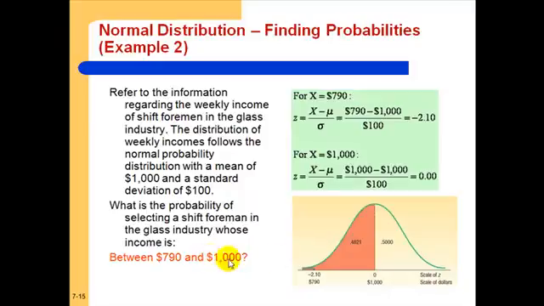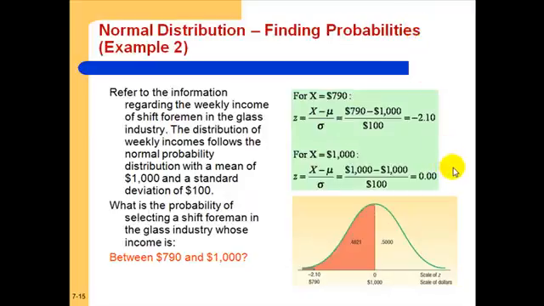So the z-value for 790 equals 790 minus 1,000, where 1,000 is the mean, over the standard deviation 100. We get negative 2.1. And for x equal to 1,000, 1,000 is also the mean number, right? So 1,000 minus 1,000 over 100, we get 0. Now we have the z-value for 790, which is negative 2.1.